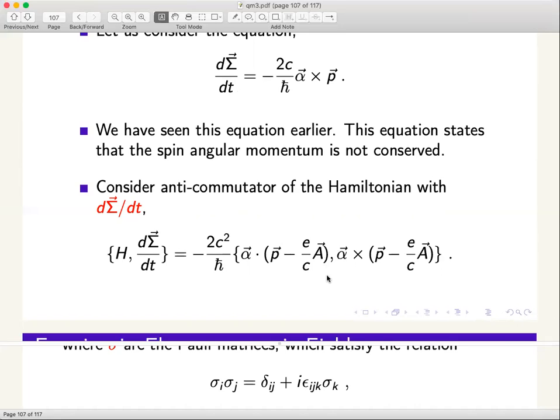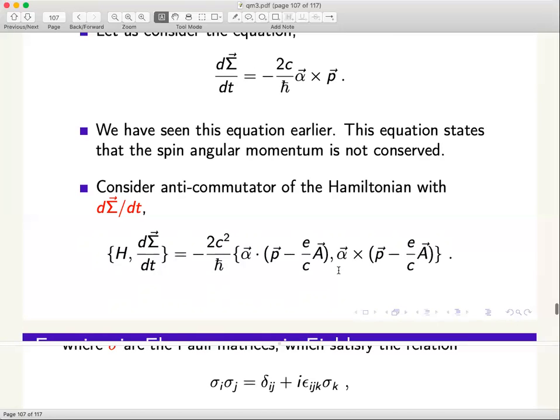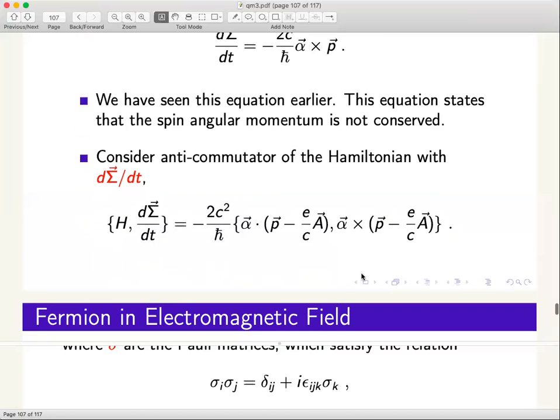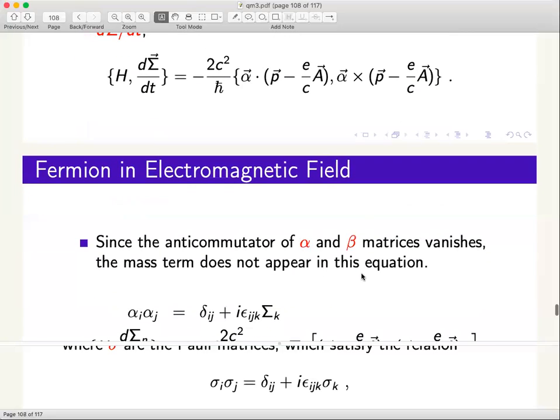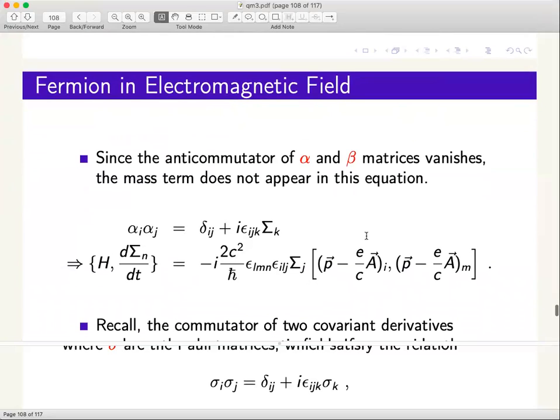Of course, there's a beta mc squared piece also, but remember that sigma is written only in terms of alpha, and since we are doing an anticommutator and beta and alpha anticommute, that piece does not contribute. So in spite of having another piece, it is not going to be relevant for us. Now, alpha matrices also satisfy a similar relation as the Pauli matrices.